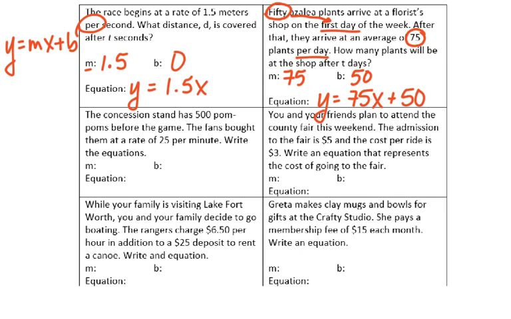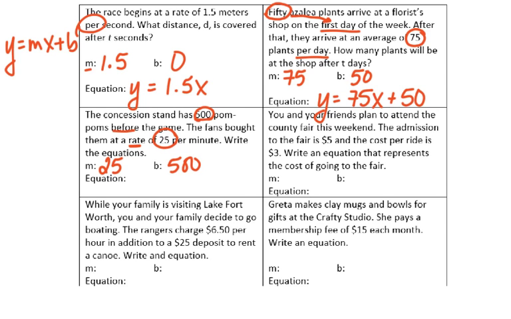All right, the next one says the concession stand has 500 pom-poms before the game. The fans bought them at a rate of 25 per minute. Write the equations. All right, so we've got 500 pom-poms, and this is before the game. So that's a starting amount. And then we have this word rate that's associated with 25. So 25 is our slope. 500 is our y-intercept.